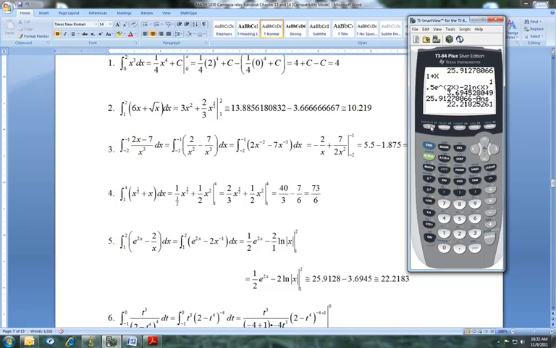Let's try graphically. So put in the original. Second ln 2x minus 2 divided by x. Let me ask it to graph.